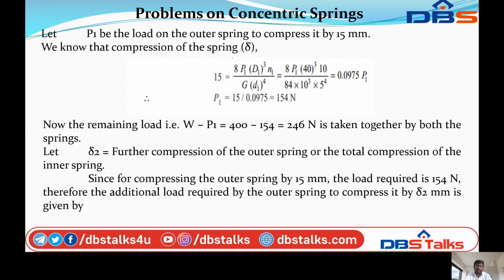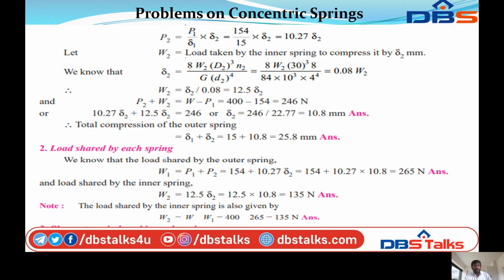Since for compressing the outer spring by 15 mm the load required is 154 Newton, the additional load required by the outer spring to compress it by delta 2 mm is given by P2 is equal to P1 by delta 1 into delta 2, that is equal to 154 by 15 into delta 2, that is equal to 10.27 delta 2.